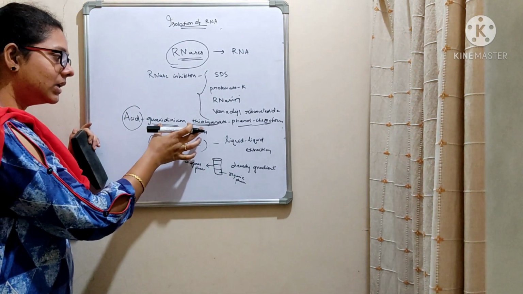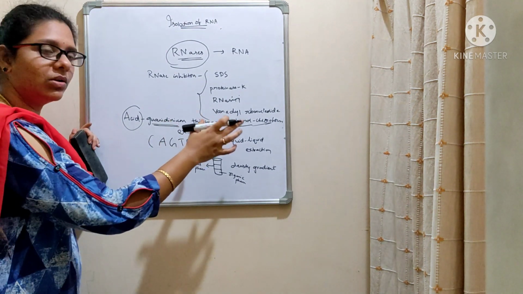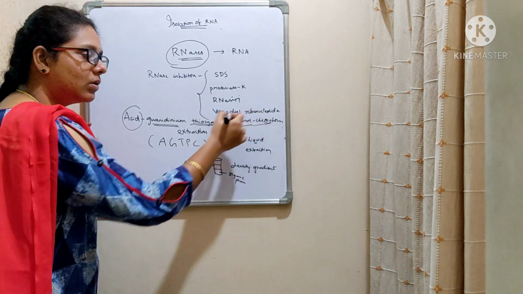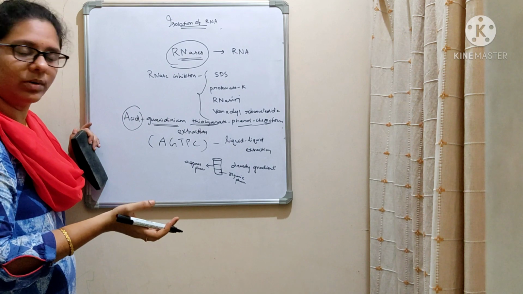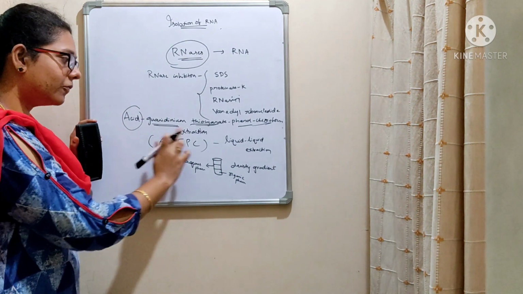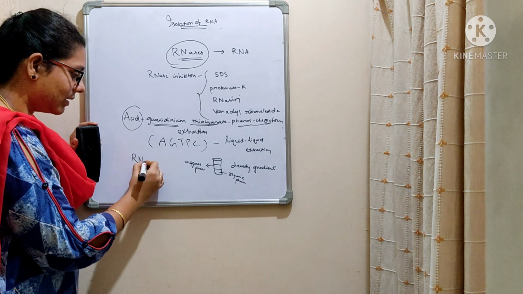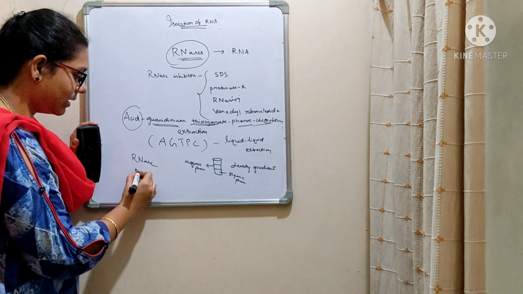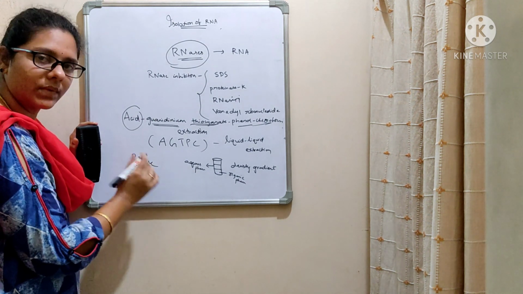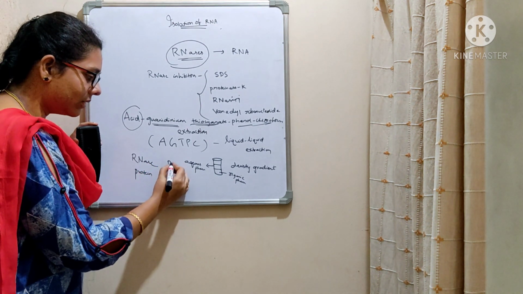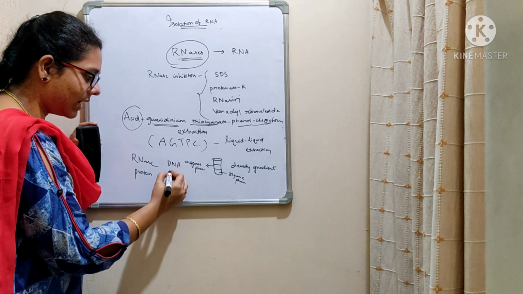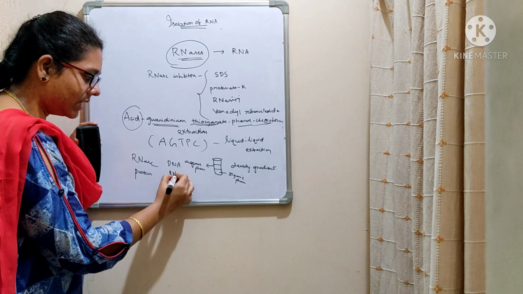What's the role of phenol here? It will denature the protein. The role of the guanidinium thiocyanate is that it will degrade RNase as well as the protein. And what is the leftover? We are left with the RNA and the DNA, right?